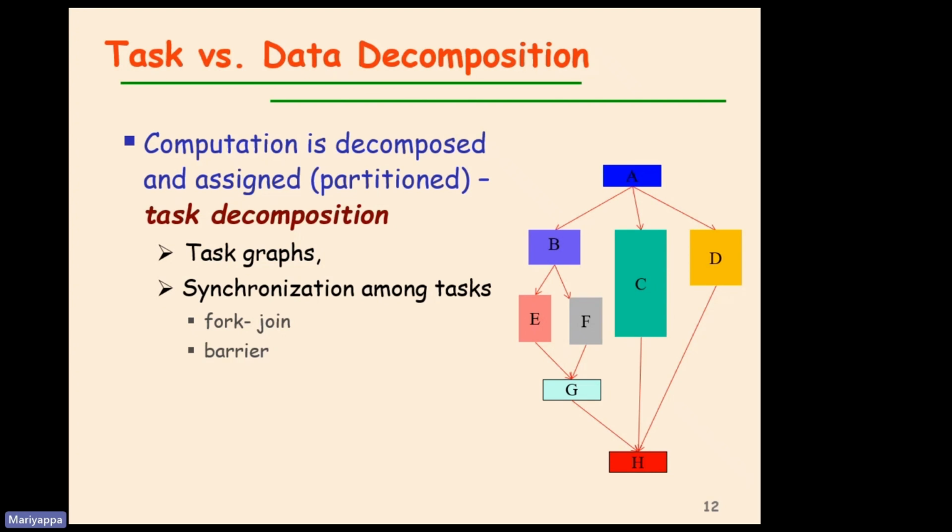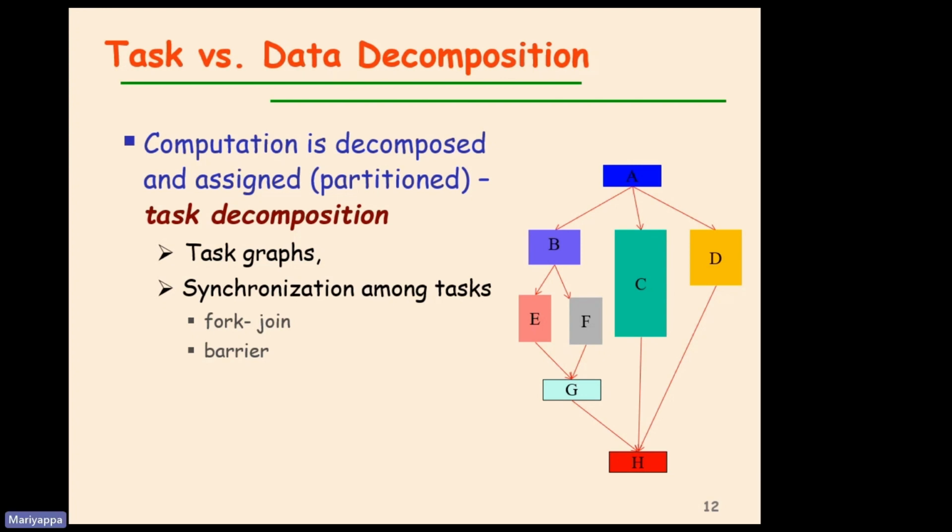First I need to compute some task A, then I can fork 3 different tasks which can work in parallel, B, C, and D. B in turn might fork additional tasks E and F, which need to synchronize, or I need to do a join. Similarly, I have to wait for C and D to complete before I can do H. So I divide my computation into these tasks and then express them. How do I do that?